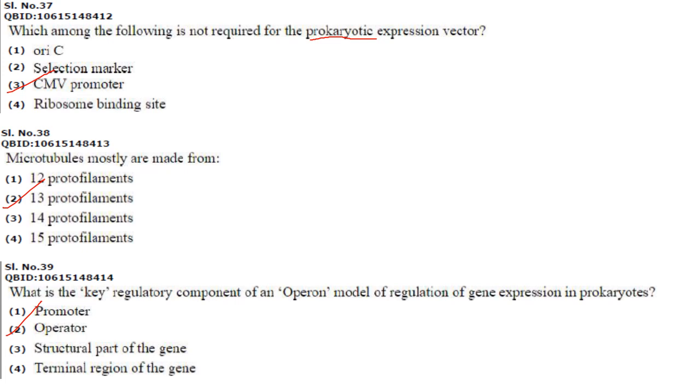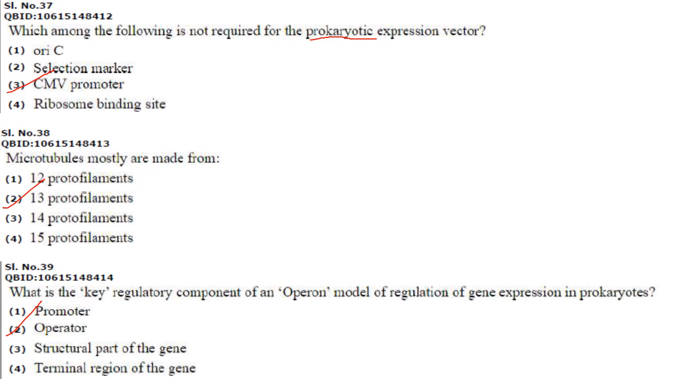They have asked for the prokaryotic expression vector, that is your bacterial expression vectors. So here the answer will be CMV promoter. CMV promoter is for constitutive expression of genes in mammalian cell lines. So it is eukaryotic. So that is not required for a prokaryotic expression vector.